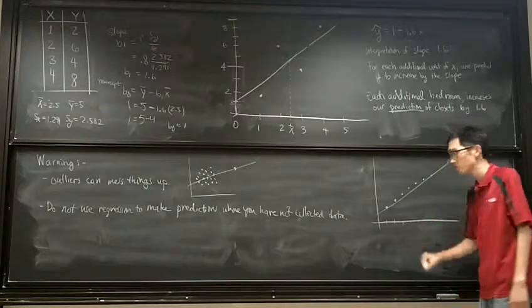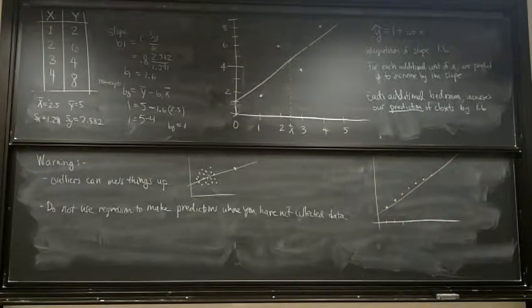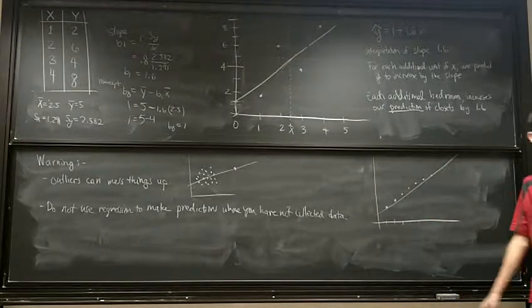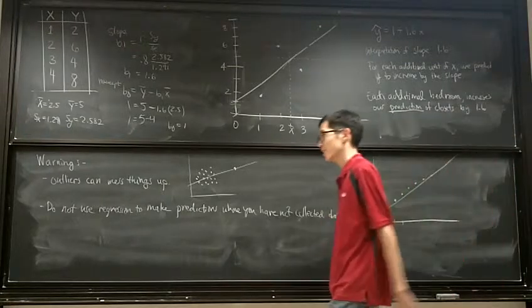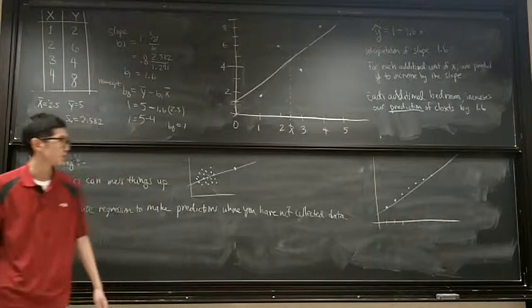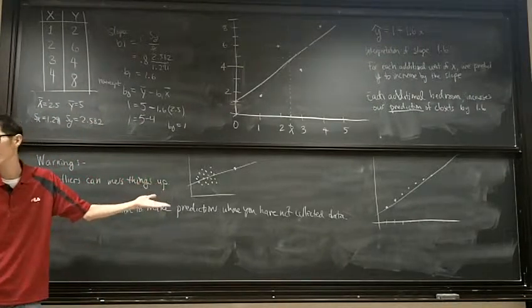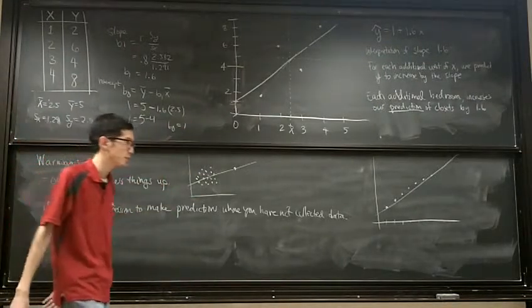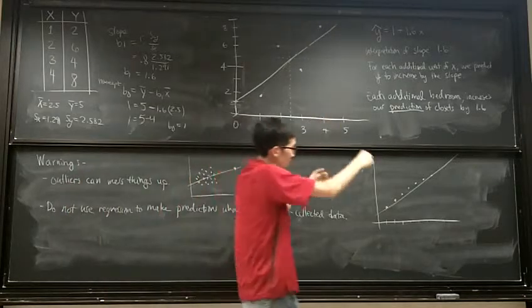Let's predict how tall this child is going to be when he's 80 years old. You're going to predict he's like 60 feet tall or something, okay? And we know that that's not how it works, okay?